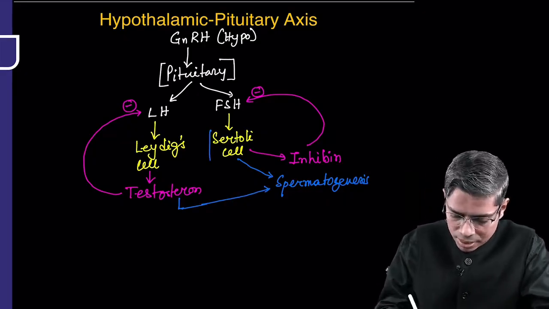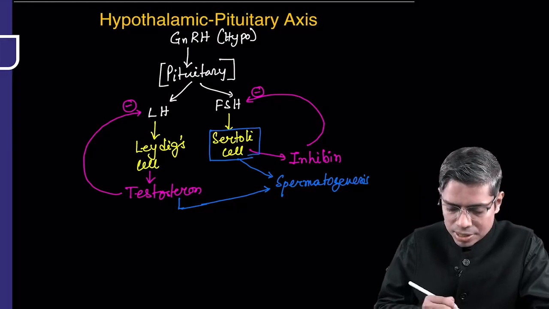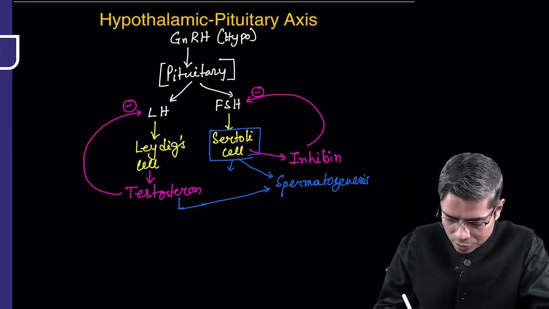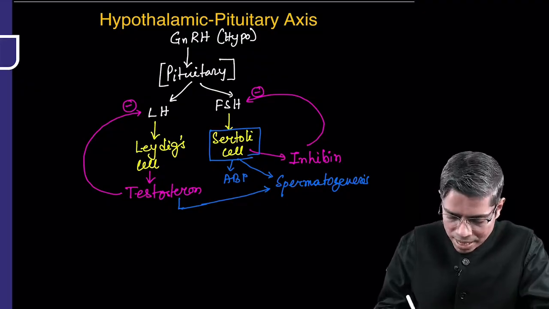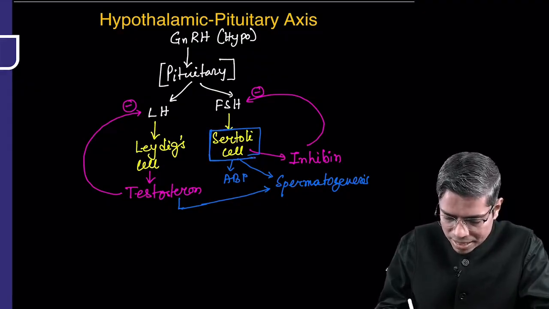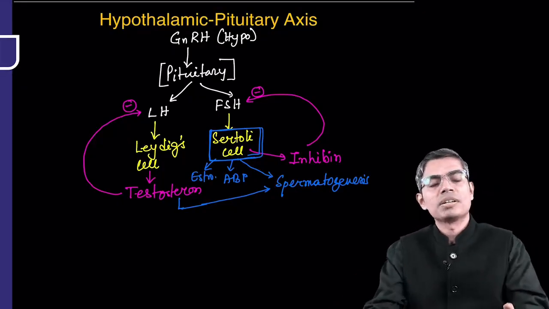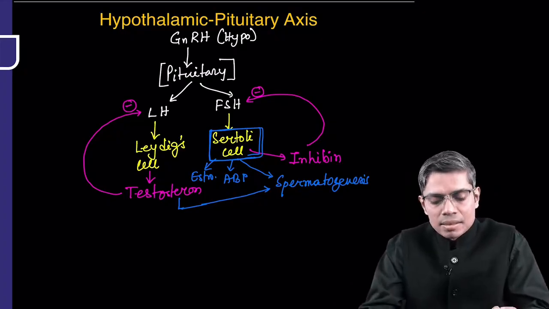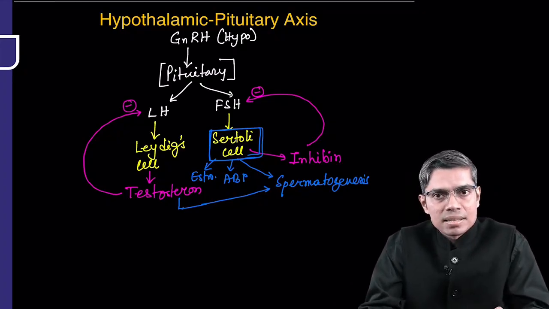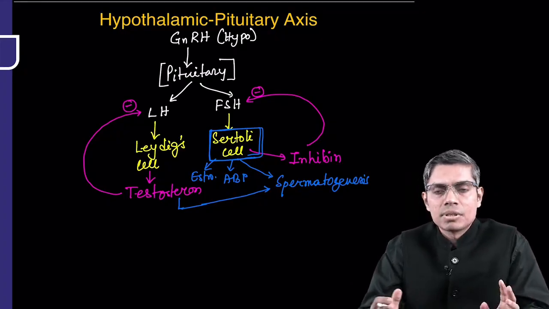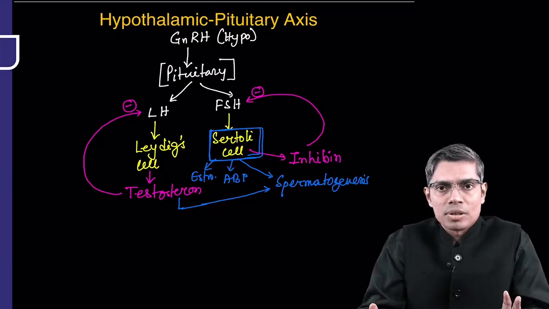Apart from that, the other functions of Sertoli cell we have already seen, that it is going to produce androgen binding protein. It has aromatase activity by which it will also produce a little amount of estrogen inside this adluminal compartment of seminiferous tubule. So this way, the hypothalamic pituitary axis is controlling the testes for the production of two important hormones.